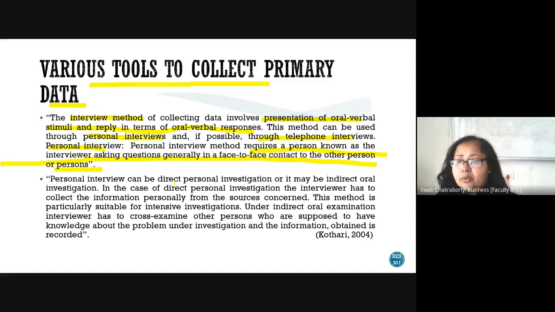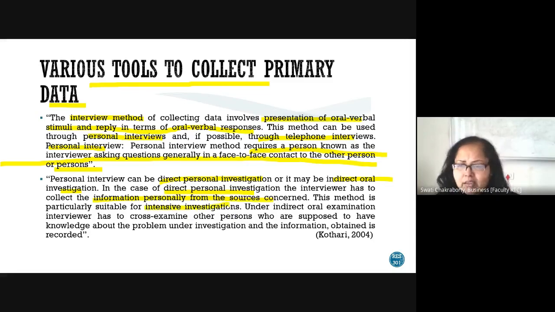And personal interview can be again two types. It could be direct personal investigation or it could be indirect oral investigation. In case of direct personal investigation, the interviewer collects the information personally from all the real sources concerned, right? And this method is suitable for intensive investigations.